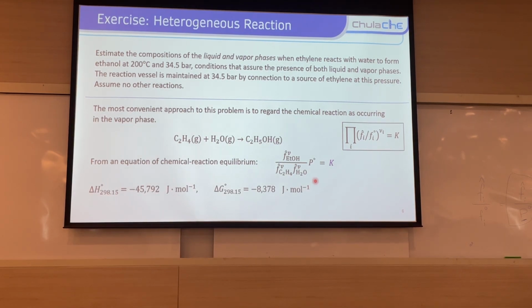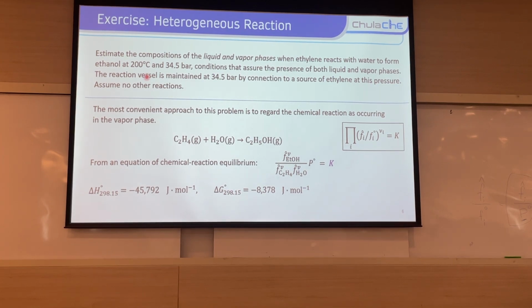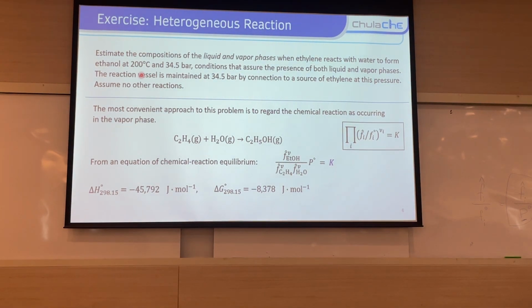So this one will carry out the reaction at 200 degrees Celsius. So with the fixed temperature, you can calculate the equilibrium constant. Right? So the procedure to determine the equilibrium constant is the same that you have learned in the previous lecture and the previous exercise that you have done before.